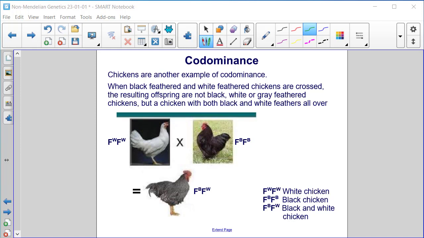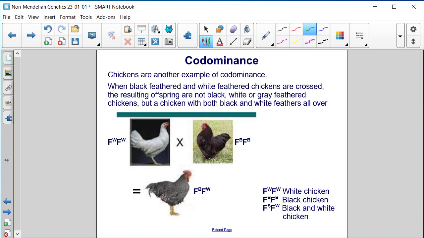Chickens are another example of codominance. When black-feathered and white-feathered chickens are crossed, so we have dominant for white feathers, crossed with dominant for black feathers, we have a dominant allele for black feathers, a dominant allele for white feathers, and the resulting offspring are not black, white, or gray feathered chickens, but a chicken with both black and white feathers all over.